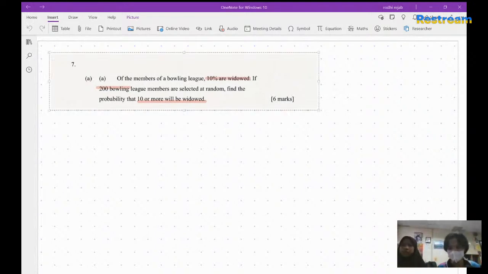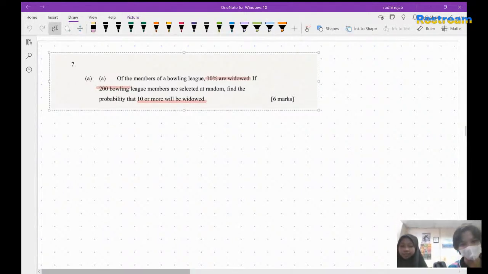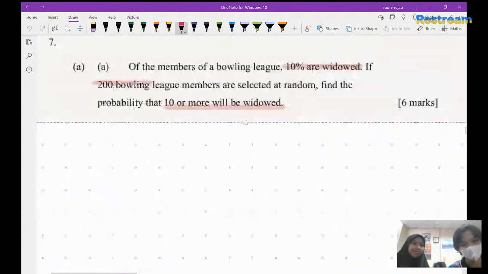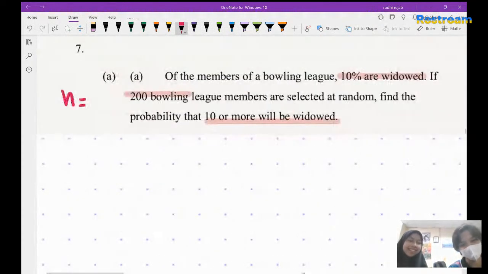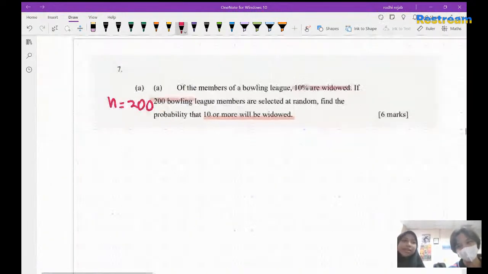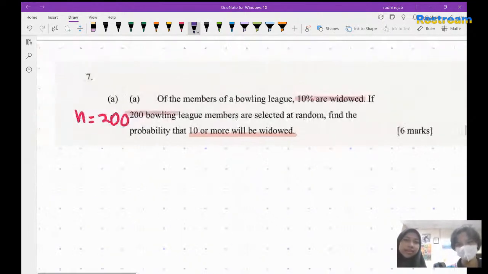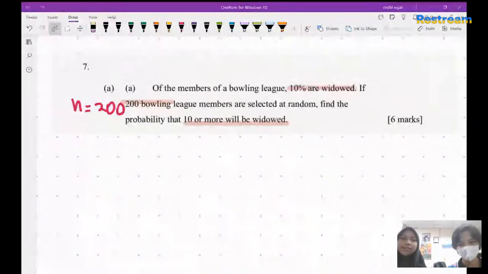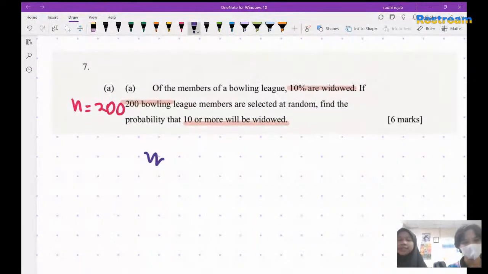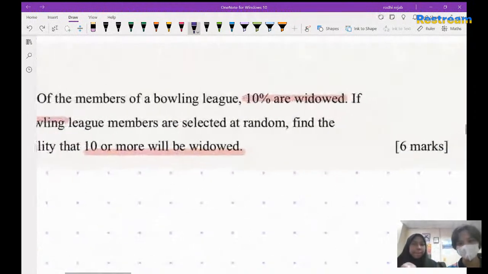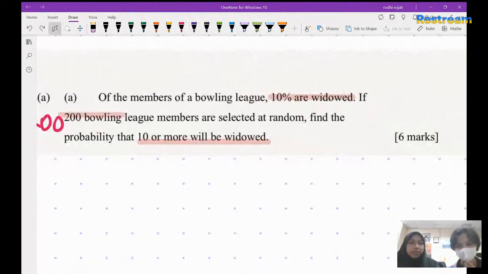Okay, you guys can hear? So at first we notice, oh my god, the N is so big. N is 200. If we look in the book, in any table in the book, there's no 200, at most 50. Okay, at first we read, 10% are widowed, so assume P is 0.1.